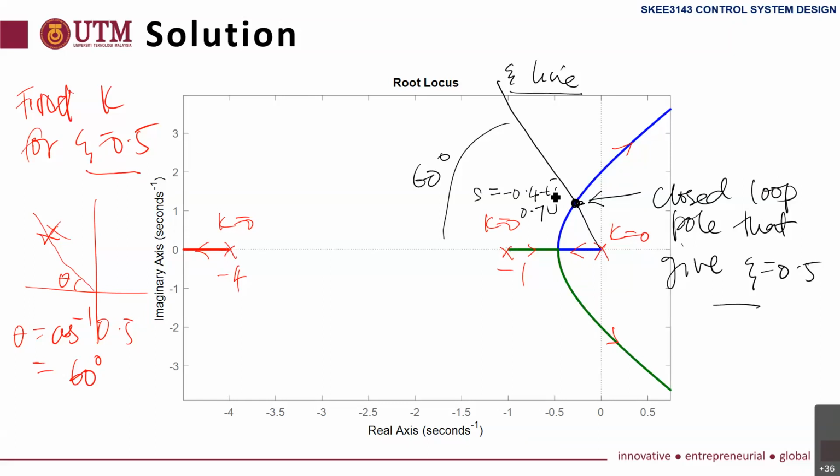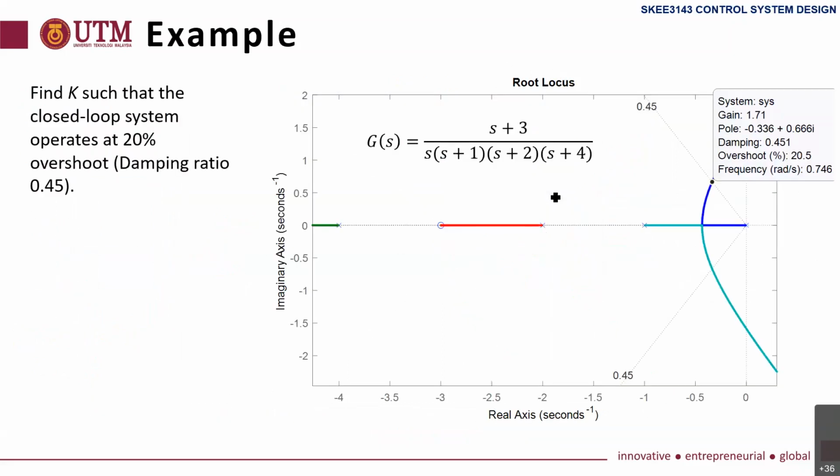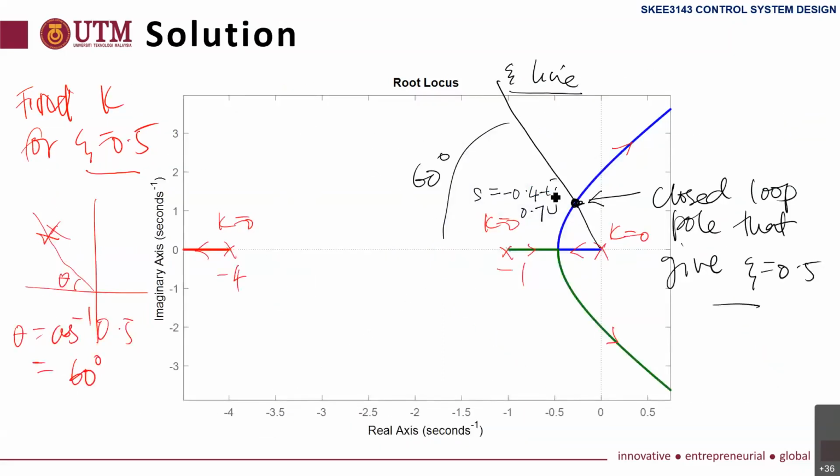So if you do it, you get what Connie obtained: negative 0.4, j0.7. This is the closed loop pole that gives the desired specification.